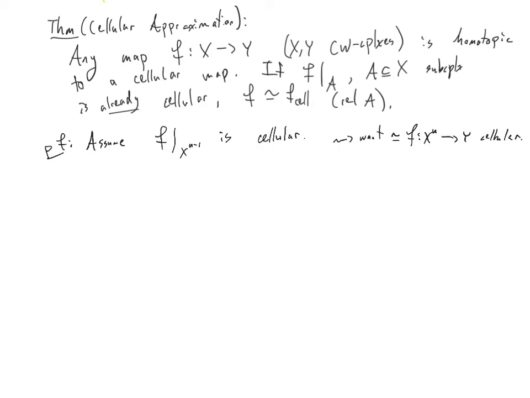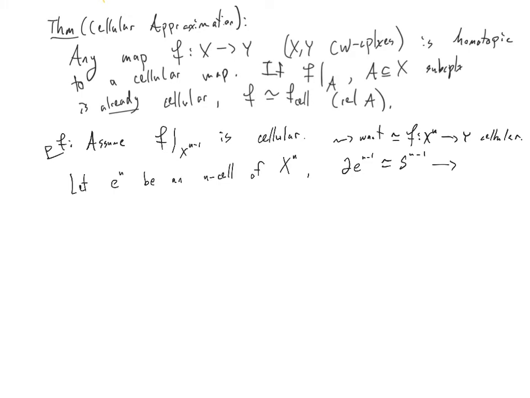What we do is we let En be an n cell of X. Then the boundary of En is attached into the n minus 1 skeleton, so where things are already cellular. So the boundary looks like S^(n-1).